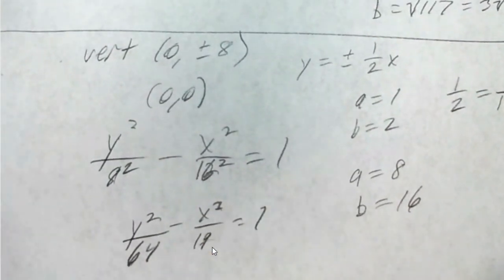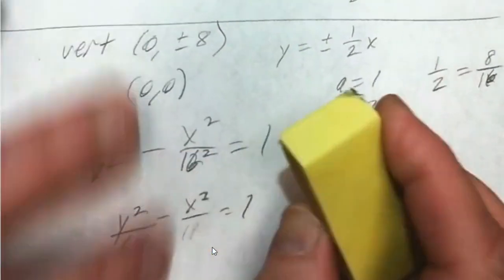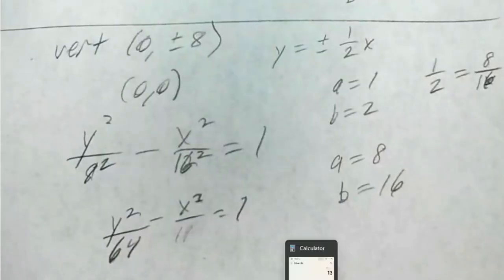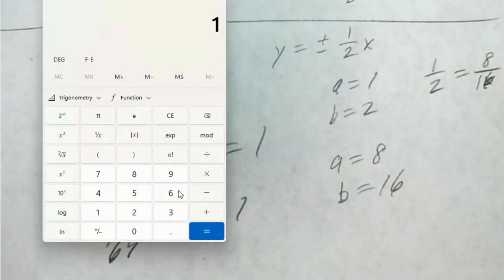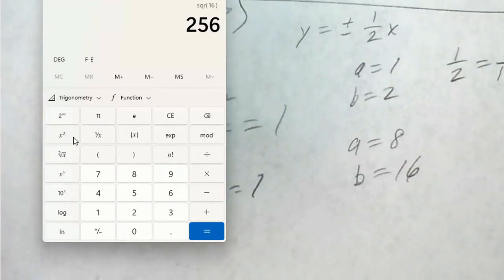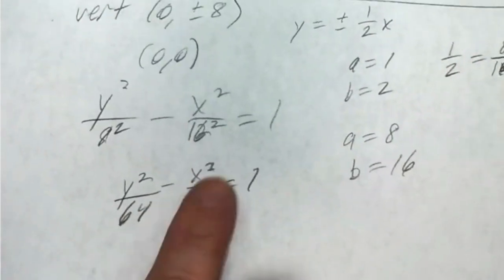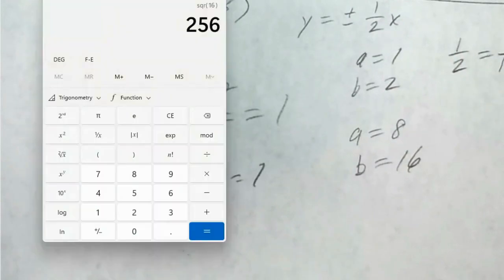No, something bigger than that. 256? 16 squared, 256. Oh yeah, 256. 16 squared is 256. So that's the equation we're looking for: y squared over 64 minus x squared over 256.